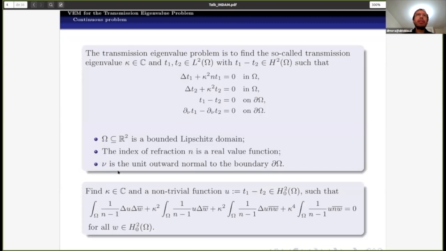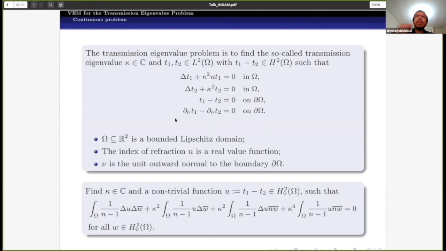For the continuous problem, we introduce the transmission eigenvalue problem: find the eigenvalue kappa, in C in principle, and two functions T1 and T2 in L2, such that the difference is in H2, which satisfies this system.